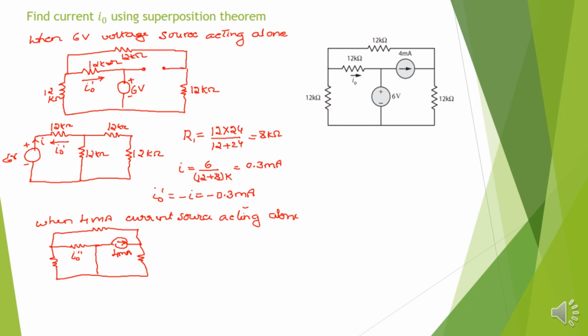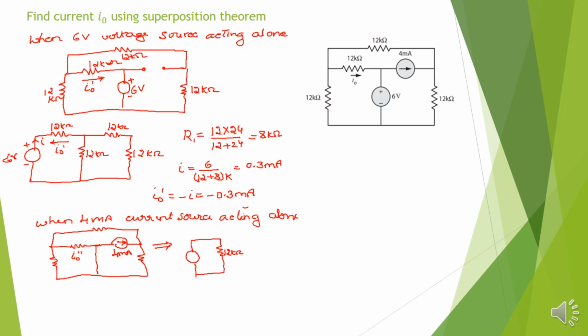So in this path, if I redraw this in terms of source, this current splits into two branches. One is through this, coming back to this. So that means this is one 12 kilo ohm, and this 12 kilo ohm, and then parallel with these two, correct?